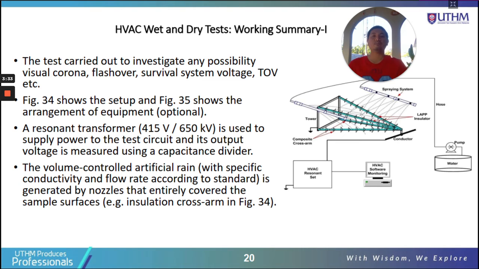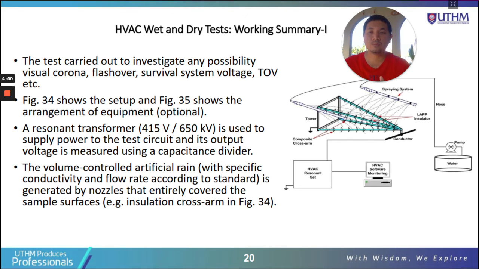The resonant transformer is rated 415 V/650 kV. You can see it is a resonant transformer because it can step up very high, from 415 volts to 650 kilovolts. That is the unique feature of a resonant transformer: it can go from low voltage to very high voltage.